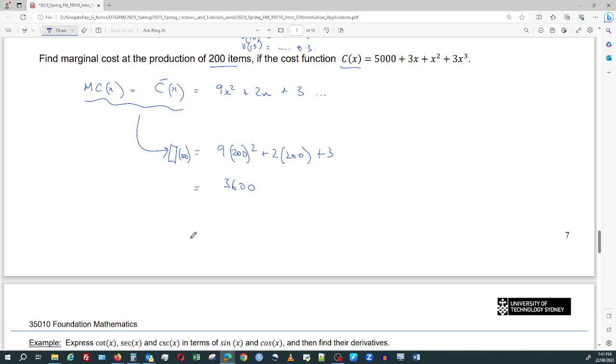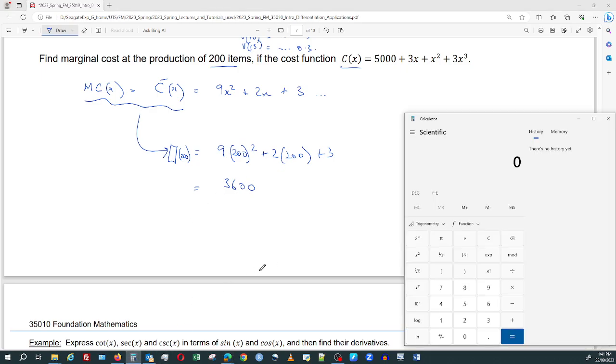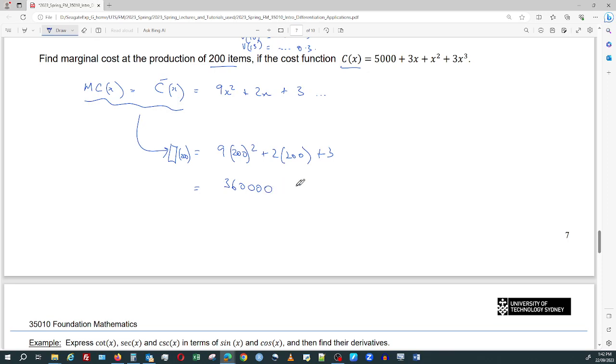Is it 200 squared? $40,000. 9 times 40,000 is 360,000. Add a couple of noughts there, buddy. Plus 2 200s is 400. Plus 3.